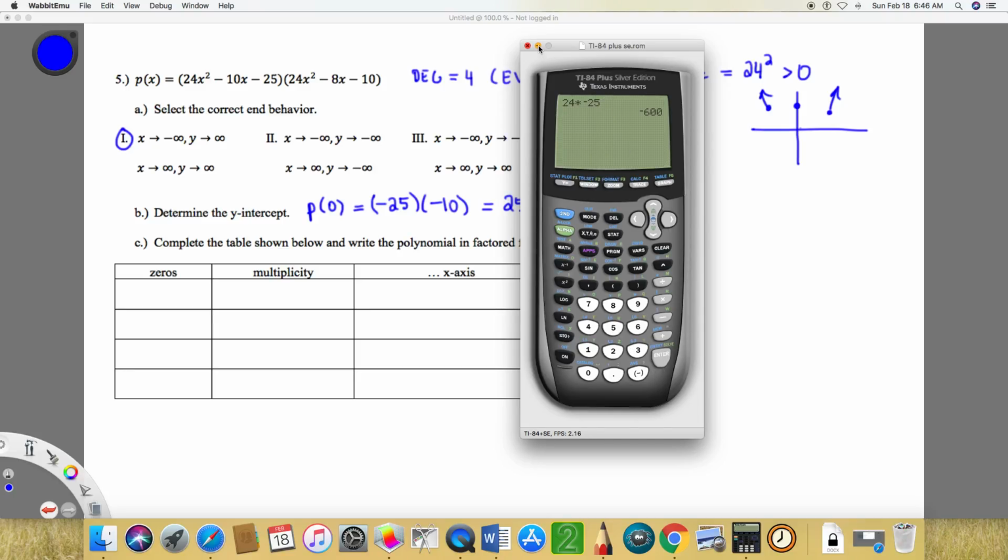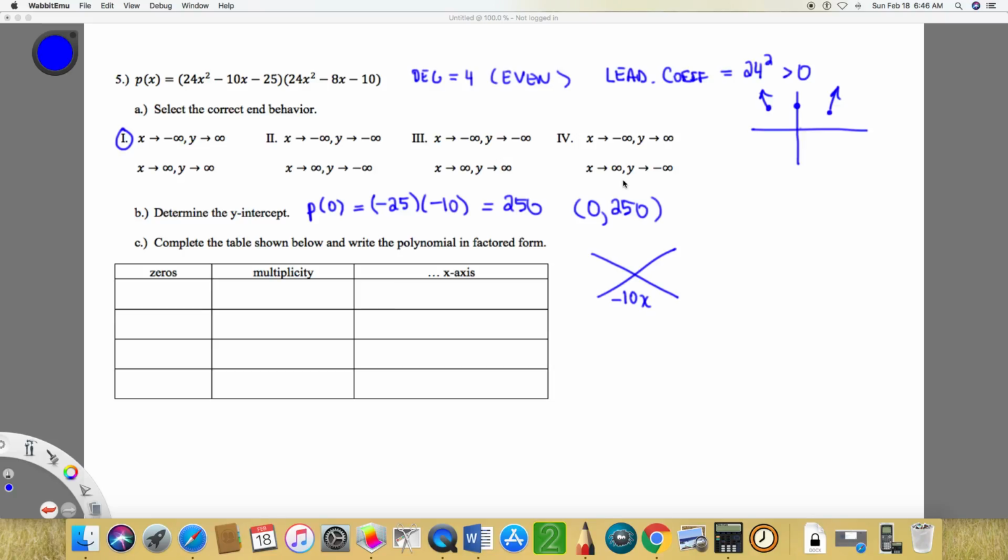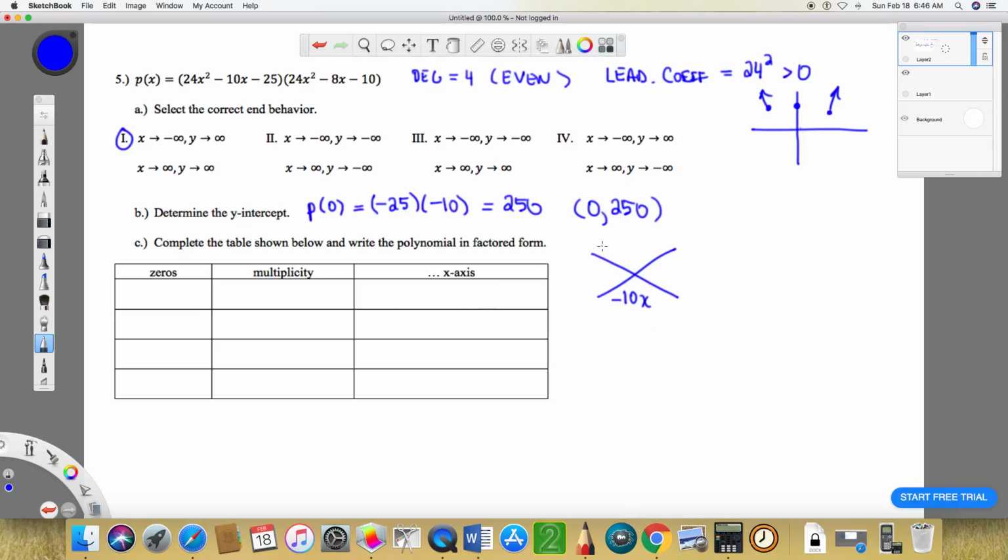Oh, yeah, good, because we had that earlier, negative 600. So 2 values when multiplied together equal the top, but added equal the bottom, or negative 30x and positive 20x. That should do the trick.